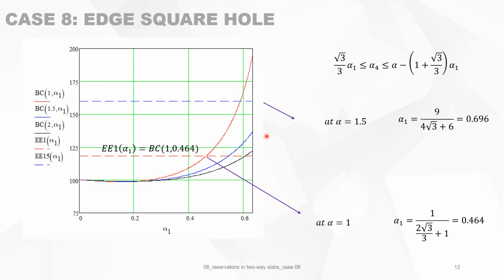So we can now do the same with the light blue one, or the blue one. That's for a slab with dimensions 1.5, B divided by A. Again, we fill in 1.5 in this constraint, and we find alpha 1 is 0.696. So this is 0.696, but it's outside the graph.